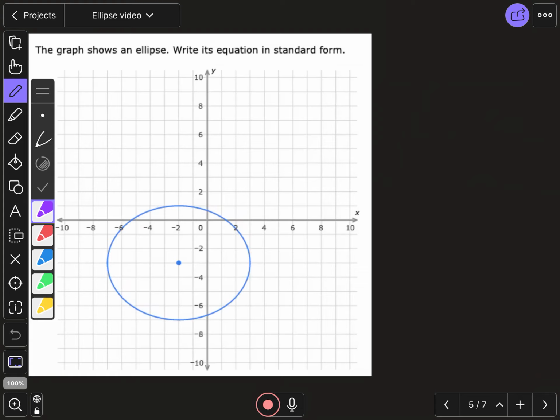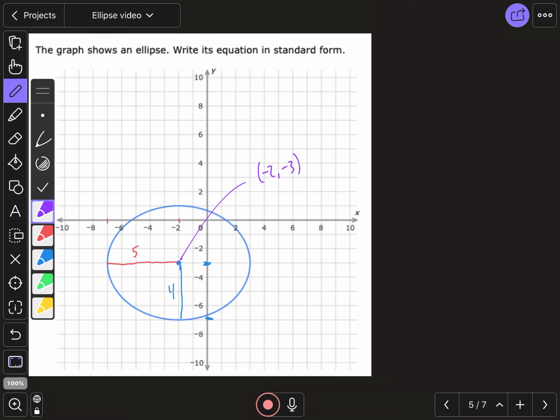Okay, so now when we see where the center is, again, just starting there. So my center is at -2, -3. Looks like this one's longer horizontally, so let's see how far that is. From -2 to -7 would be 5 units. And then vertically, going from -3 to -7, that'd be 4 units.